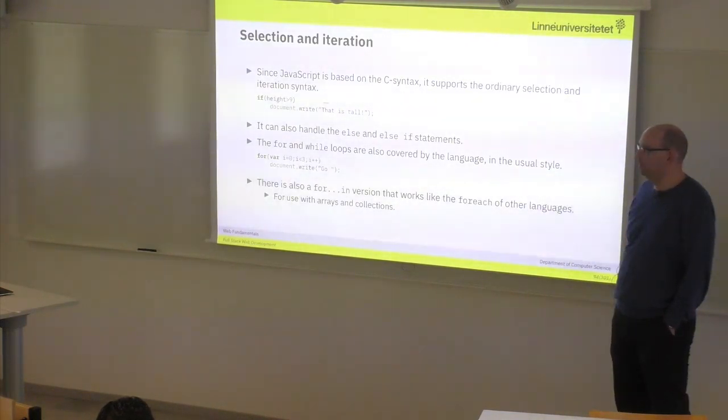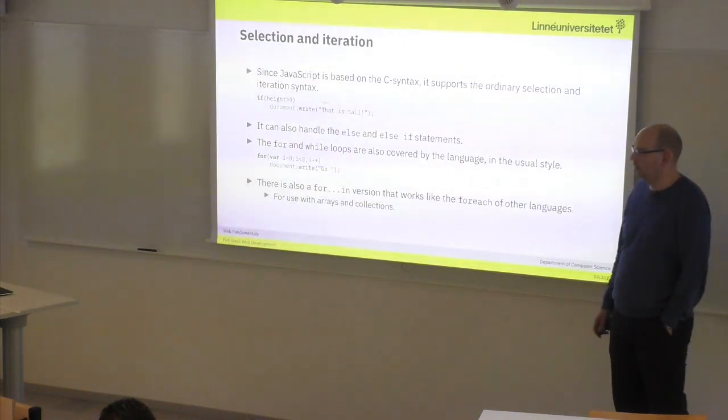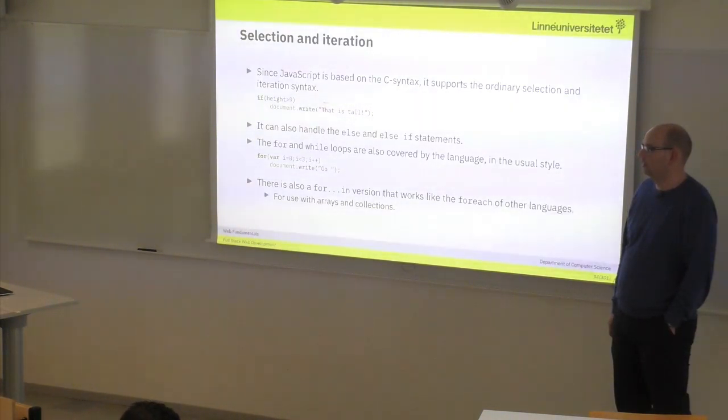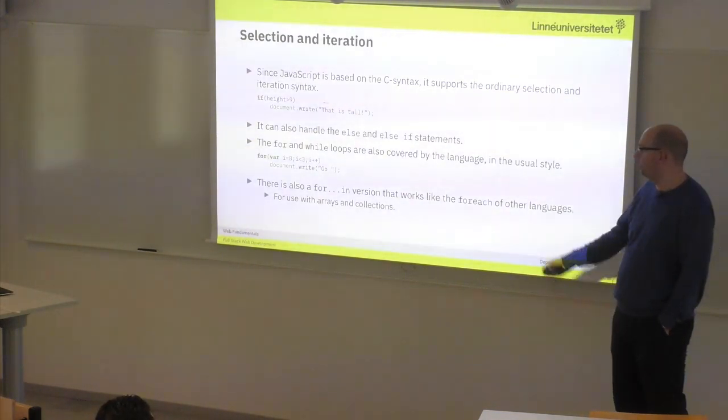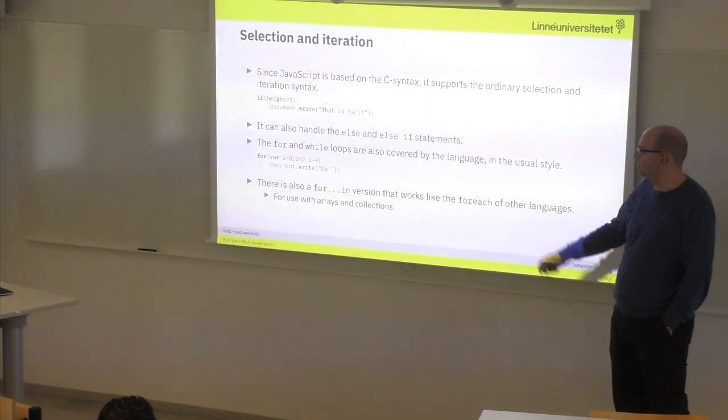There's a for-in version also of this for loop, so they have a few more bells and whistles. When I write the variable, I don't care if it is integers or a string, I just write a var and say the value. You don't care exactly what kind of variable it is that you want to loop over.